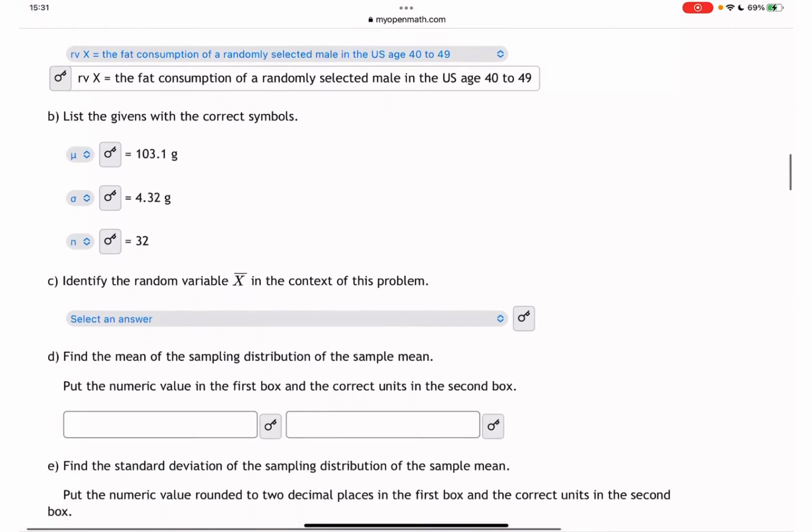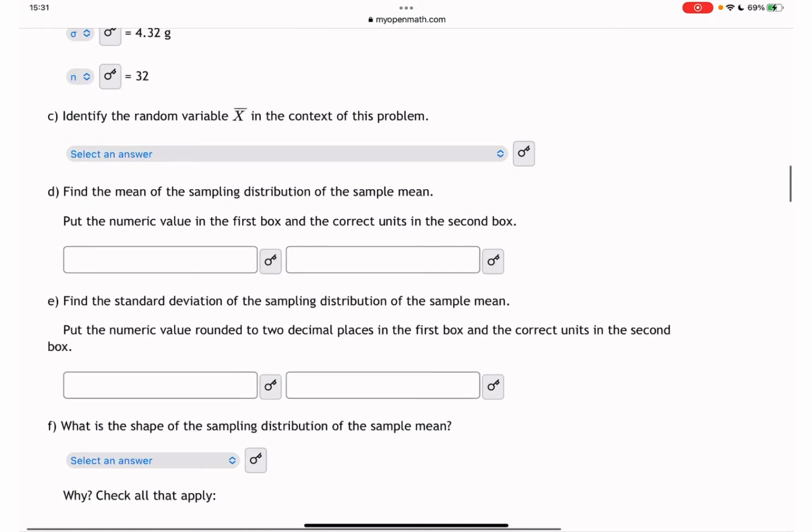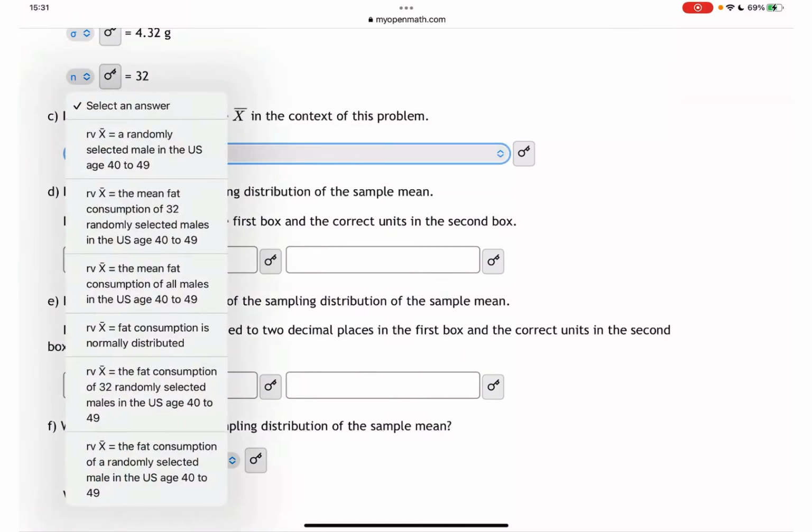Next, identify the random variable x bar, which is the mean of the sample, in the context of this problem. So it should be average fat for 32 randomly selected males in the US.